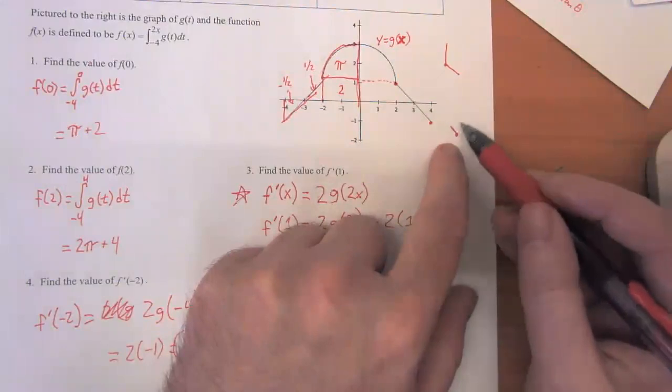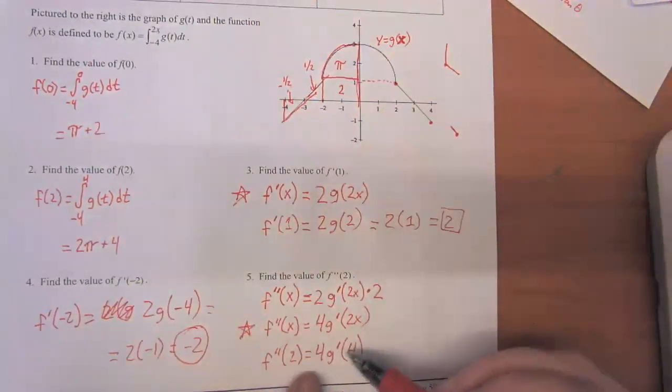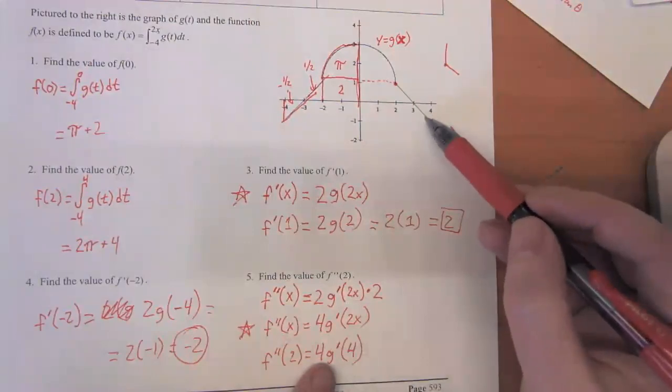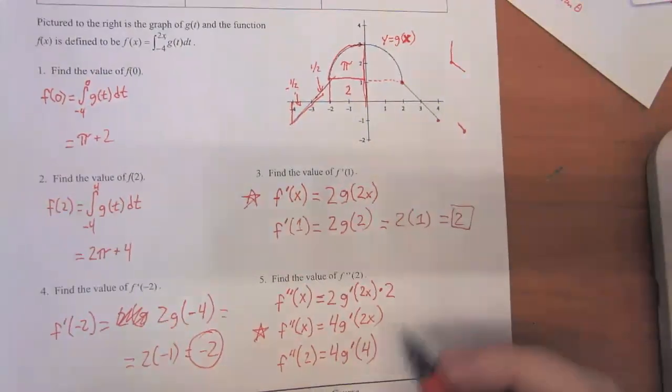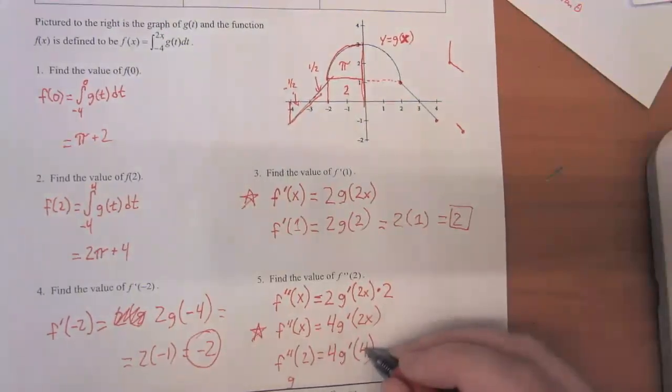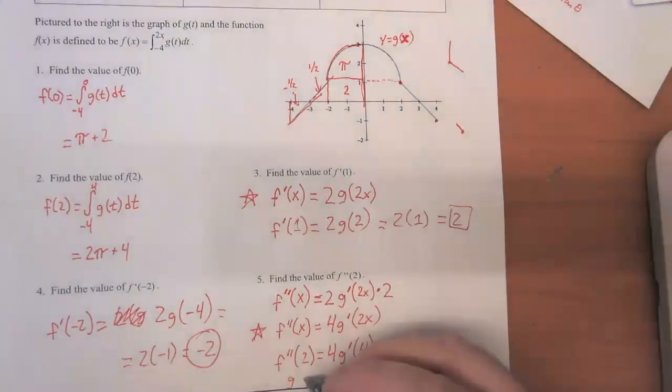It would just be a section of the line. So if I talked about g prime of 3.9999999, then yes, if you zoomed in close enough, it would be a line segment with a slope of -1. But g prime at 4 does not exist because that's an endpoint.